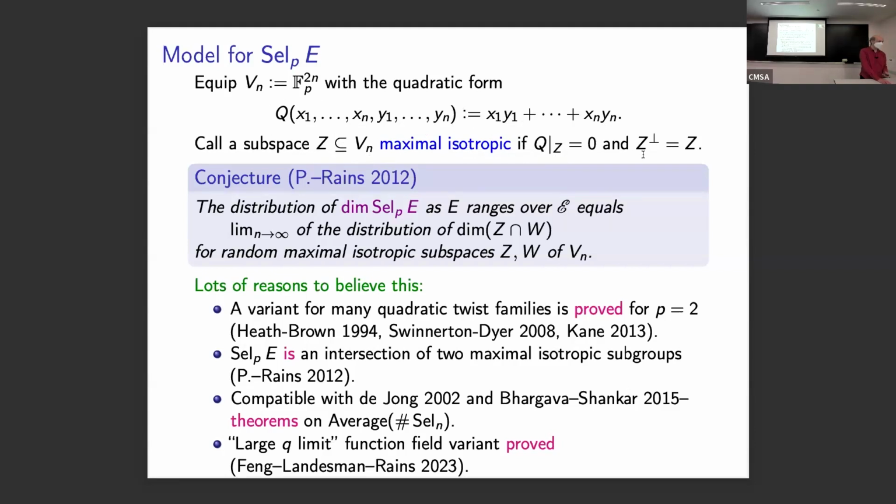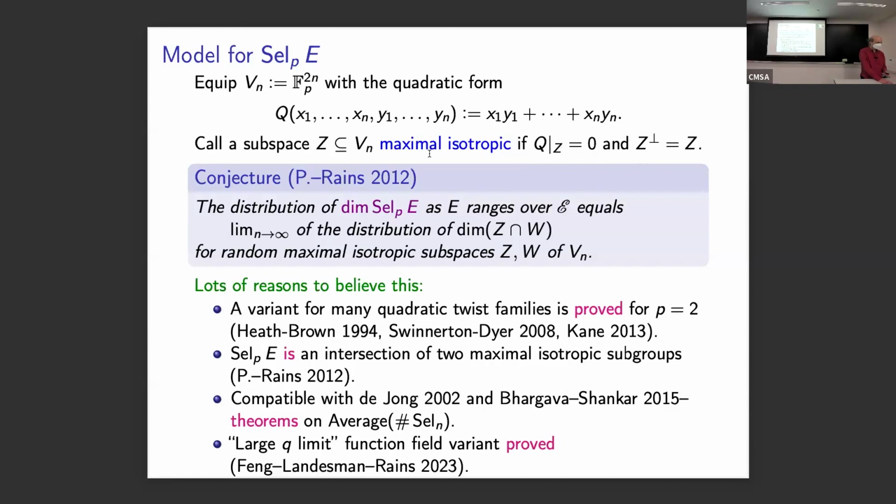An example of this would be the subspace where all the y coordinates are 0. That's an n-dimensional subspace, half the dimension of the whole space. If all the y coordinates are 0, then the value of q everywhere on that subspace will be 0, and you can also check that the subspace is self-dual.